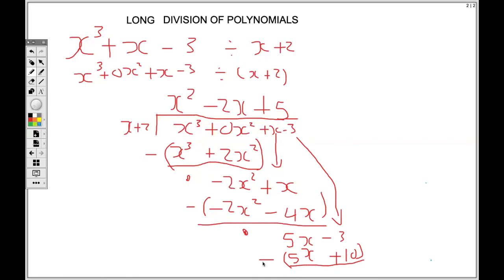So 5x minus 5x, that's 0. Minus 3 minus 10, because negative times positive gives us negative, gives you negative 13. So it means our quotient is x squared minus 2x plus 5, and our remainder is negative 13.